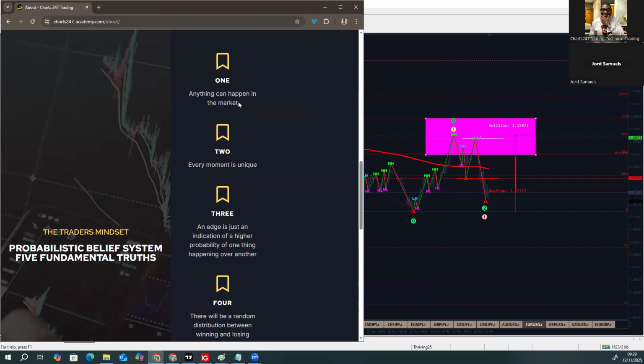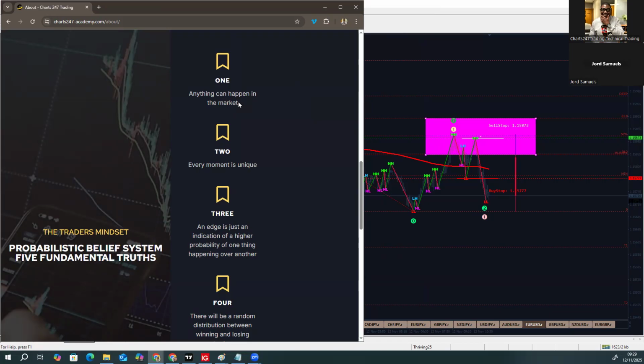That means I'm likely to win at the end of the sequence of trades. Sample sizes, that's why we do trades in sample sizes. We don't just rely on one or two trades. We take those sample sizes because there's an edge wrapped in them. I have probability in my favor.